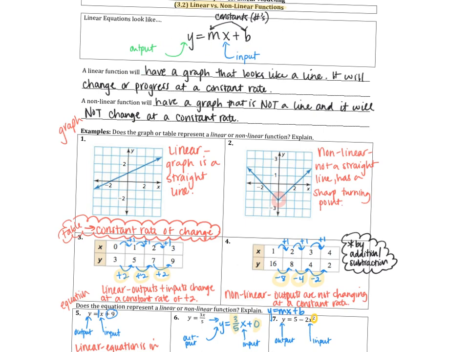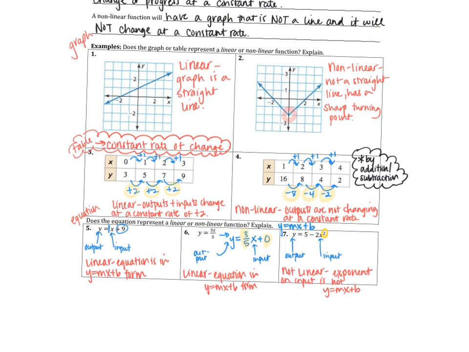A linear function is a graph that looks like a line and it progresses at a constant rate. So for a graph, progressing at a constant rate, no sharp turns, no curves. For a table, we are looking for a constant rate of change, specifically in those outputs. For every one x value, there should be a constant change in y values. And of course, we talked about the equations again. They need to be in y equals mx plus b form.